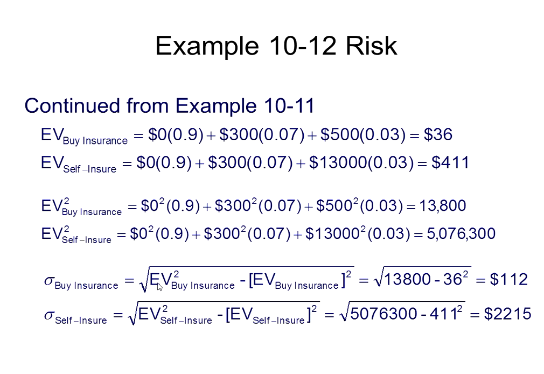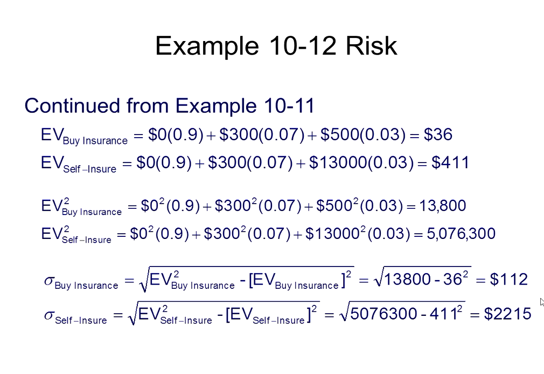That's expectation of value squared minus the square of expected values, and the similar formula we're using here for self-insuring. Plugging in the values, we get that buying insurance has this risk of $112 versus self-insuring.